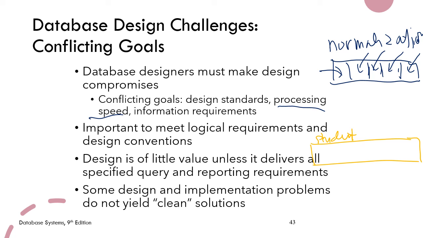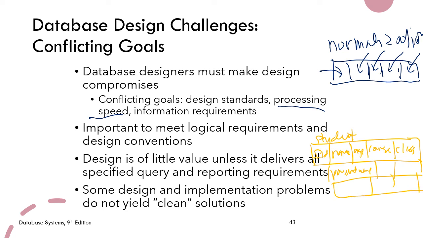Whereas the attributes for student should only be like student ID, the name, what else? What is related to the student? The age. How about the course, the class, the parent name? What else? You put everything here.